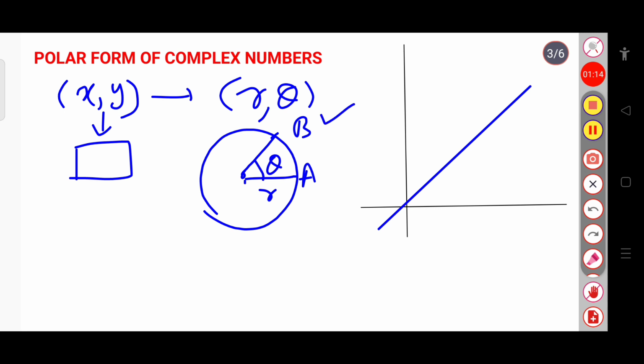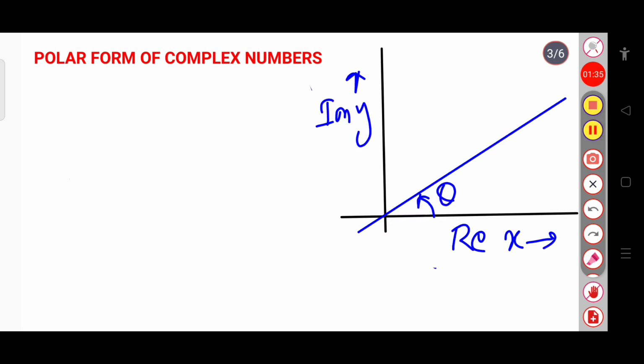Let us consider the complex number. This is our real axis, real x, and this axis is imaginary y, so that this angle is theta. Suppose this is our point P, that is x comma y.